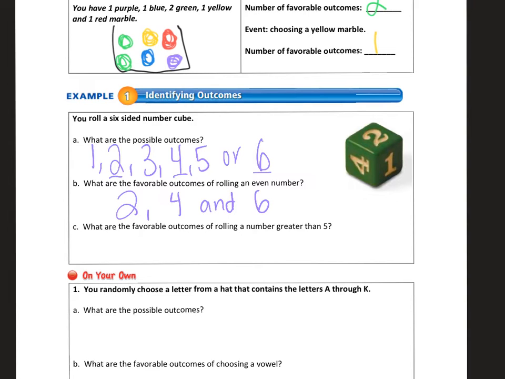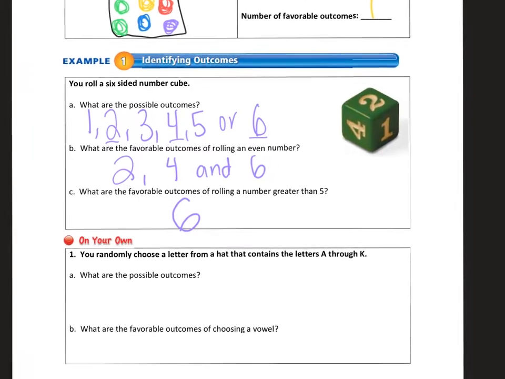What are the favorable outcomes of rolling a number greater than 5? It can't be a 5, so that would just be a 6. Notice when we're talking about these favorable outcomes, we are actually listing off what they are.